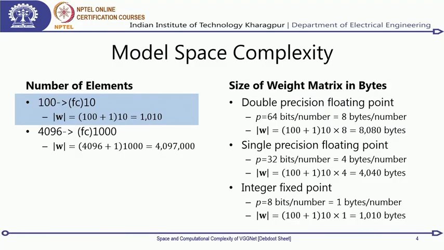In that case, this whole thing comes down to just 1010 bytes. Now, if you look at it clearly, by changing from an integer type system to a double precision floating point number system, I am consuming 8 times more memory.